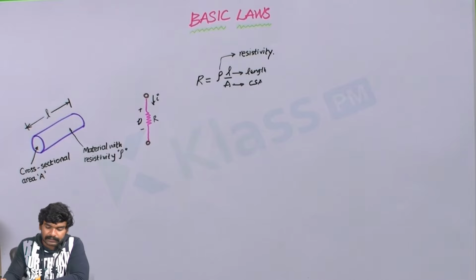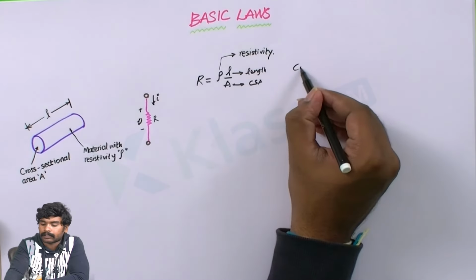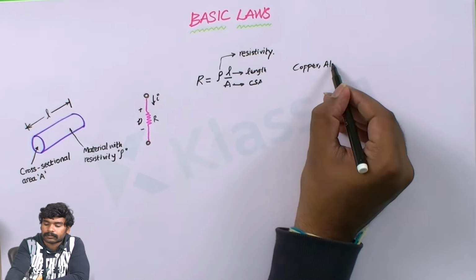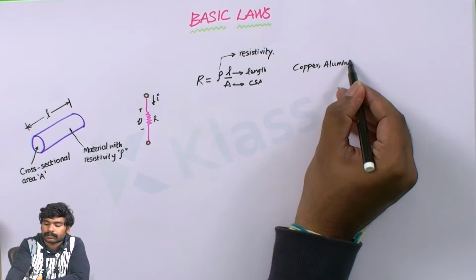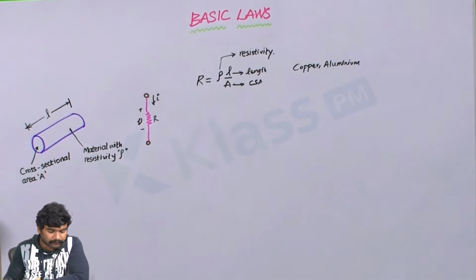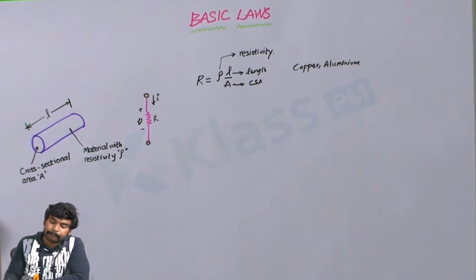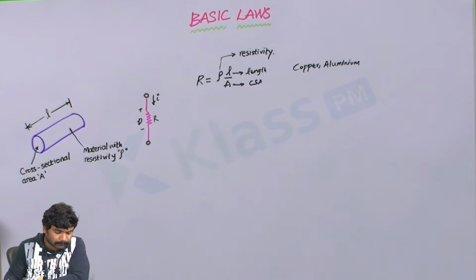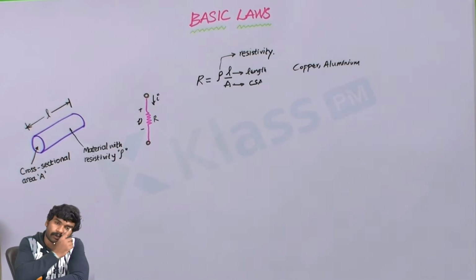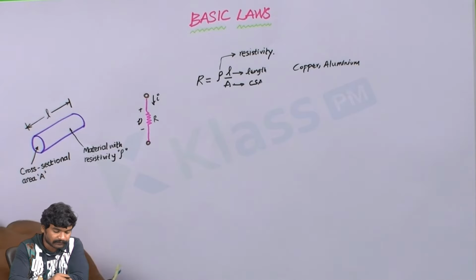Good conductors are like copper and aluminium. Their resistivities are very low, whereas materials called insulators such as mica and certain semiconductors have very high resistivity. So they oppose the flow of current, because the resistance will be high due to high resistivity.